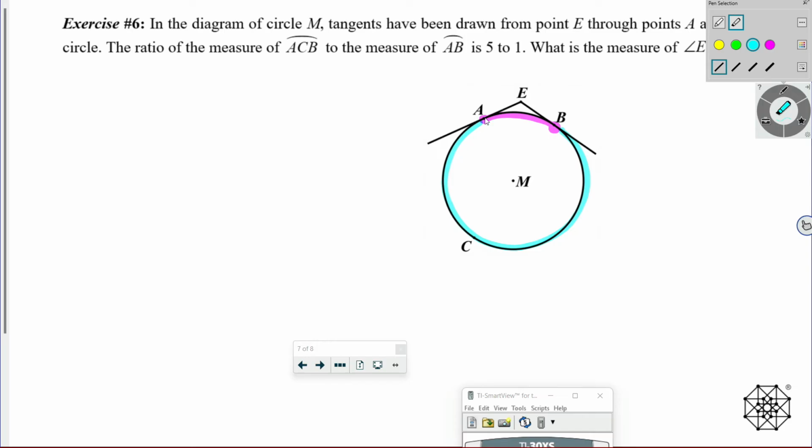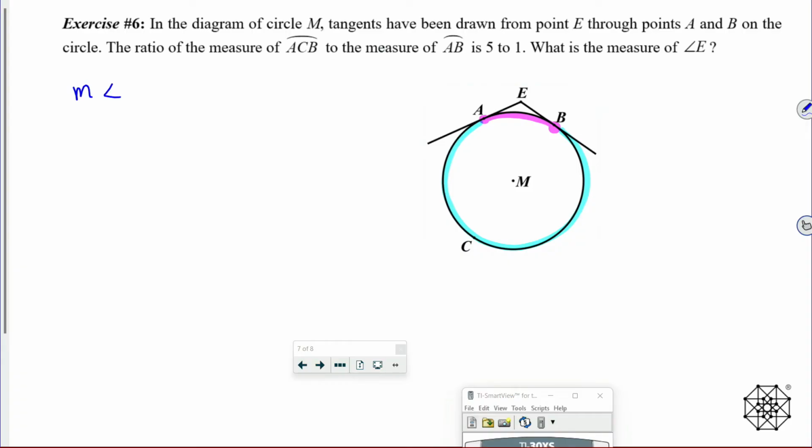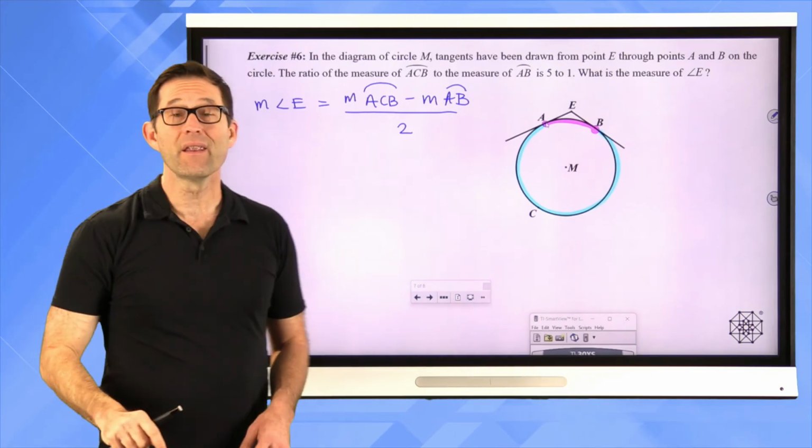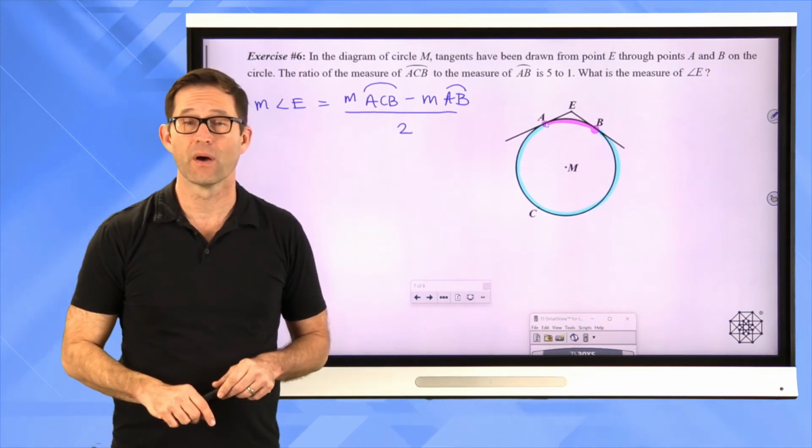Those two are absolutely necessary in order to figure out the measure of angle E. In fact, let's just write it down, right? The measure of angle E will equal the measure of arc ACB minus the measure of arc AB, all divided by 2. And unlike the last problem, I don't have either one of these at this point, okay?